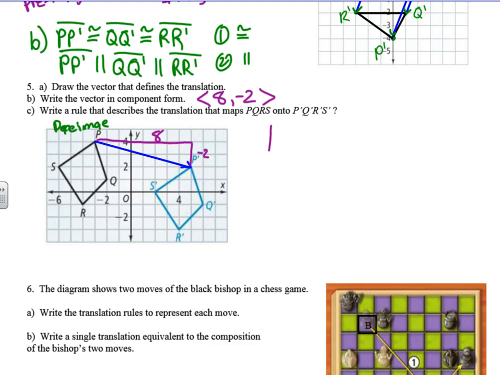I would put capital T, then 8, comma, negative 2, and then PQRS, that's my pre-image, equals P prime, Q prime, R prime, S prime. So we've got component form, we've got a rule, and we drew the vector of translation on there.